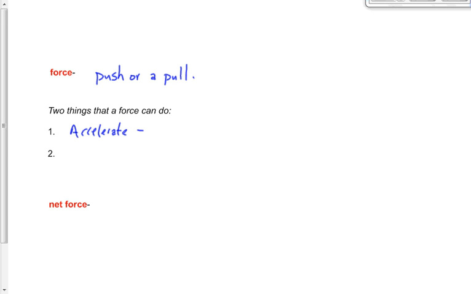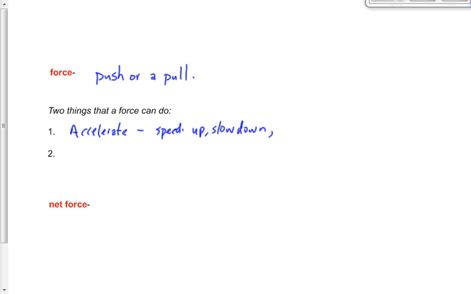Now, when it accelerates the object, that can include all kinds of different things. It can cause the object to speed up. That's accelerating. It can cause the object to slow down. That's decelerating, but that's still a form of acceleration.